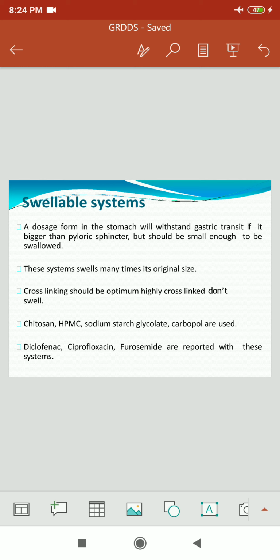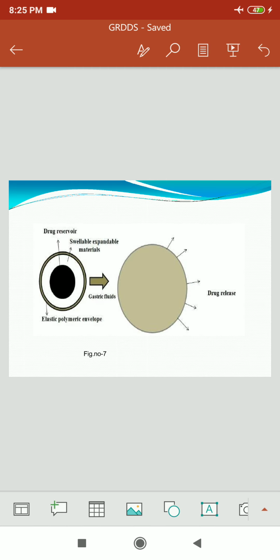As we discussed, when the dosage form comes in contact with gastric fluid, it swells bigger than the pyloric sphincter, and due to that it cannot pass through the pyloric sphincter and remains in the stomach. Chitosan and HPMC are used. So this is a simple understanding of this approach.